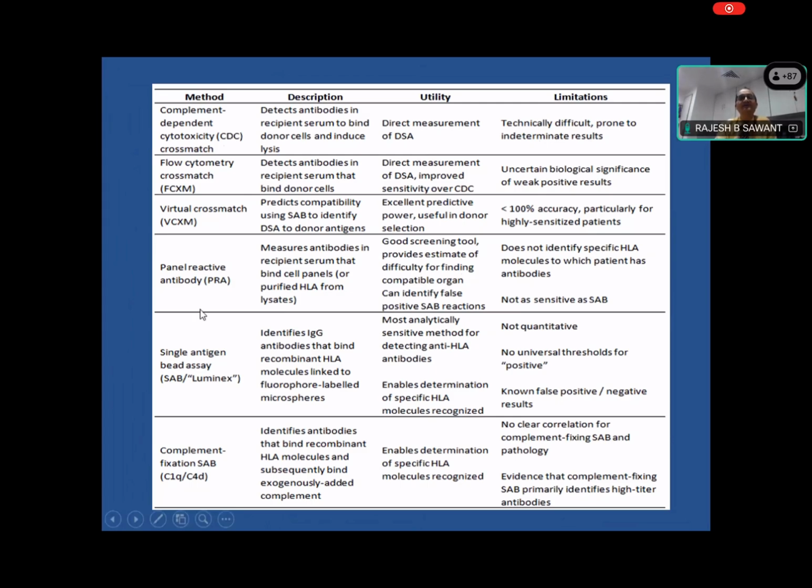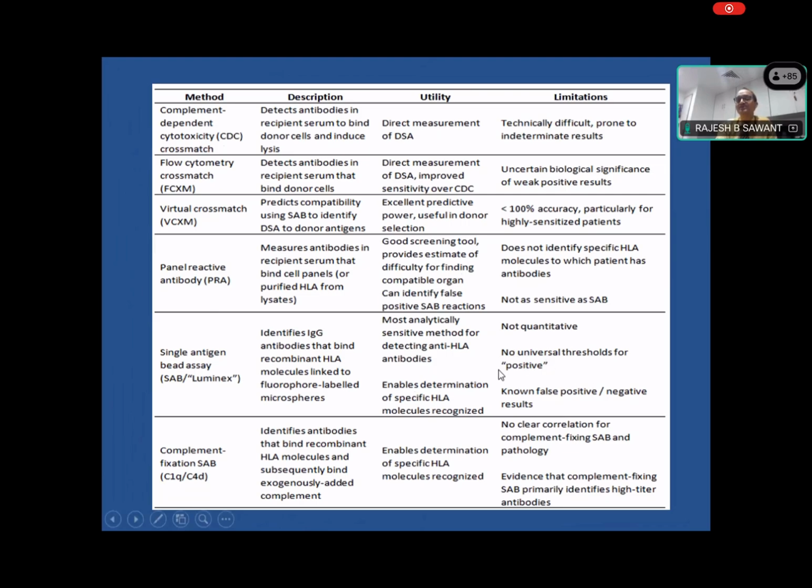Similarly, you may have the panel reactive antibody, as we said, the class 1, class 2 antibody screening, which does not identify specific HLA molecules to which the patient has antibodies, but will give you an idea as to the extent of alloimmunization in your recipient, whether it is 10% or 20% or 30%.